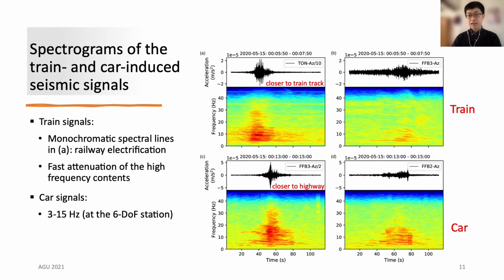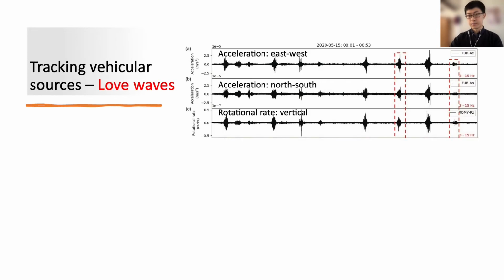For the following analysis, we will band-pass our seismometer and rotational recordings into 3 to 15 Hz. First, we would like to apply the cross-correlation-based method with Love waves to track the moving vehicles. The top 3 panels denote the 2 horizontal accelerations and the vertical component rotational rate.